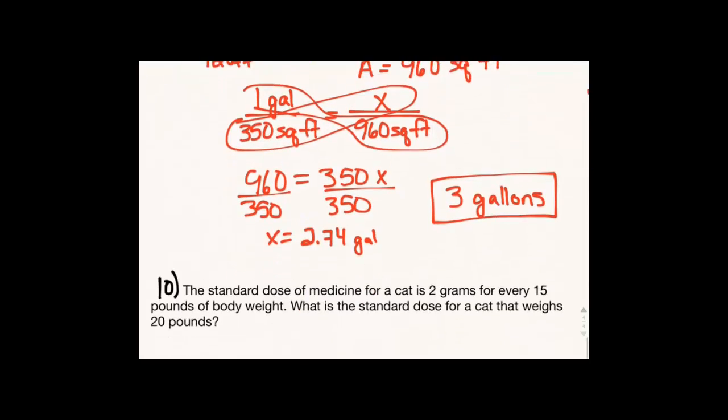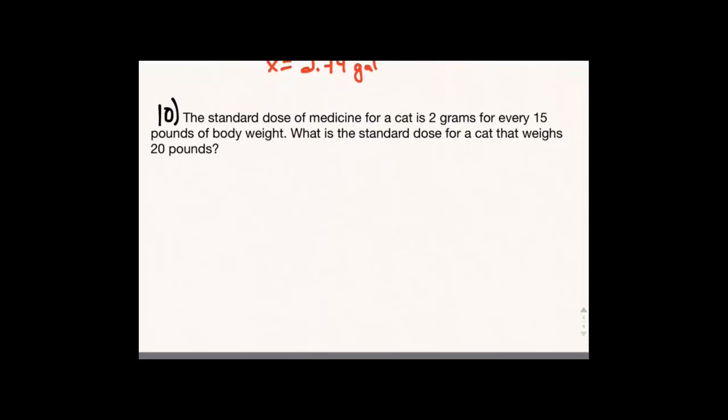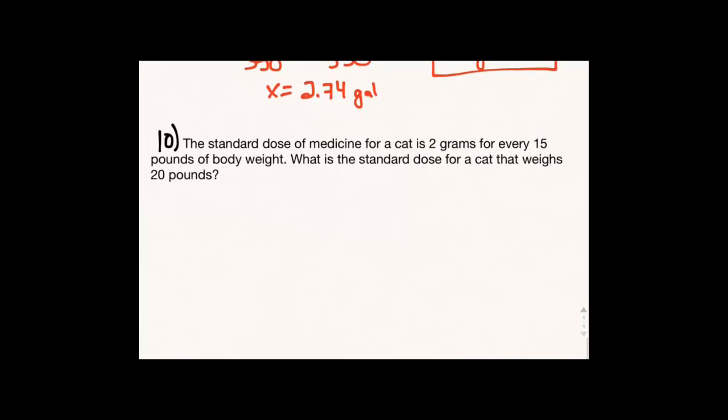We have the standard dose of medicine for a cat is 2 grams for every 15 pounds of body weight. What is the standard dose for a cat that weighs 20 pounds? So we have 2 grams for every 15 pounds.